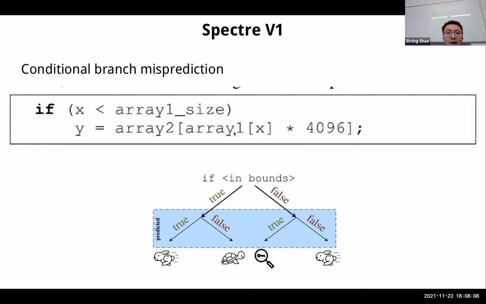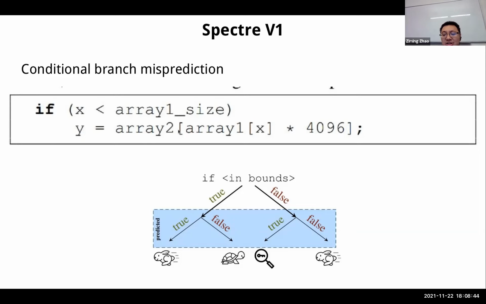So I will not commit the result to the variable, which means the value of that memory location will not be brought into that variable. However, it will not clear the cache. The value is already brought to the cache, and the CPU will not clear that. That's the root cause of this problem.